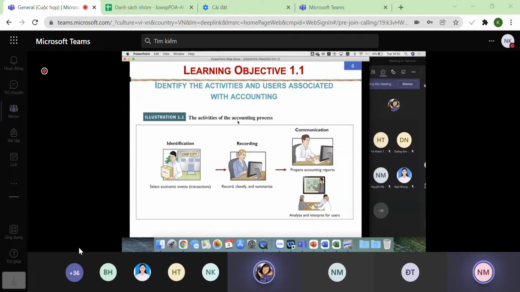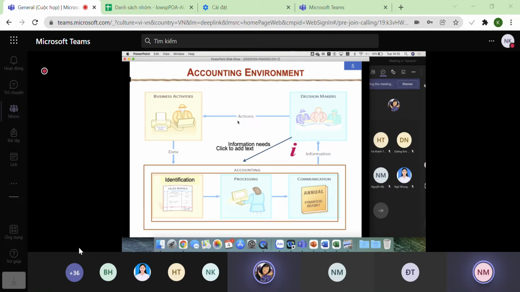And the first one is identification. When we run the business, there are many events, or many business activities. But the accounting system just selects some of them to record.